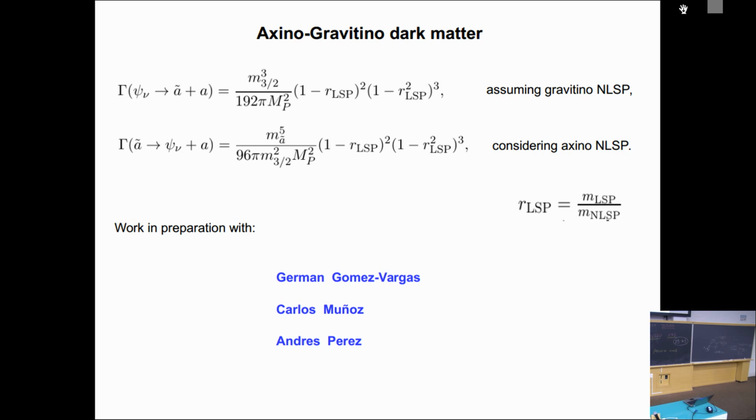Because this one is protected by two things: it's protected by the Planck scale and by the fact that R-parity is broken, but not a lot. And the other one is protected by the symmetry where this axino appears.